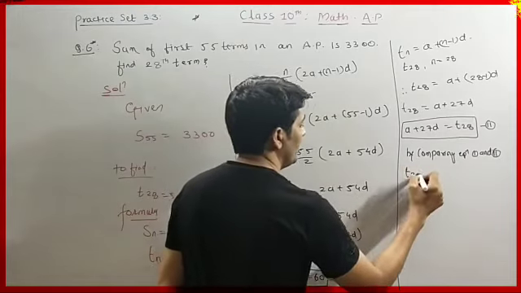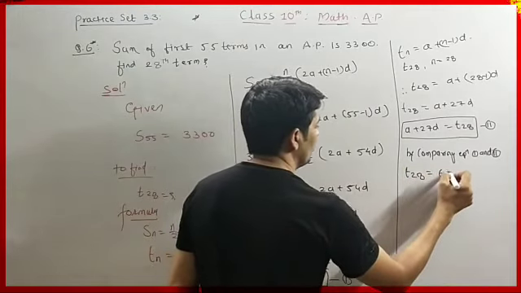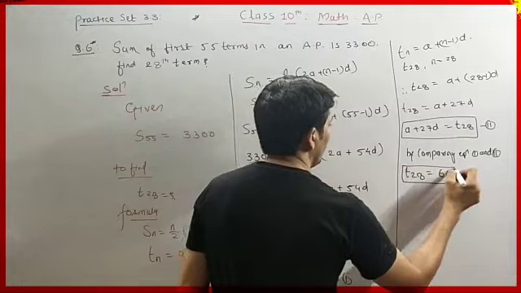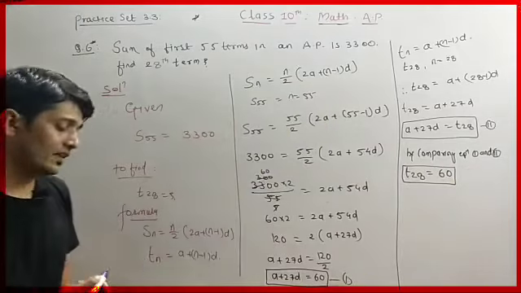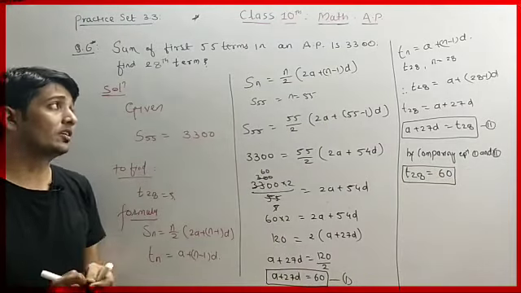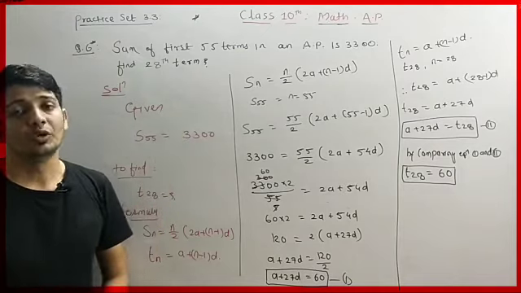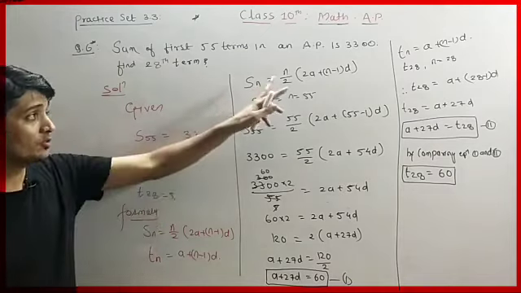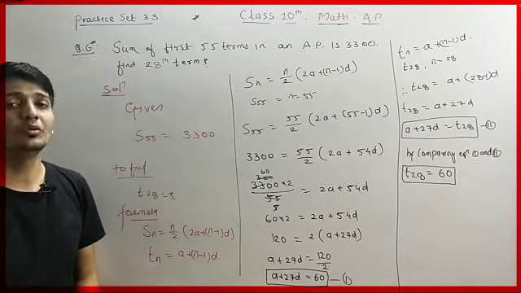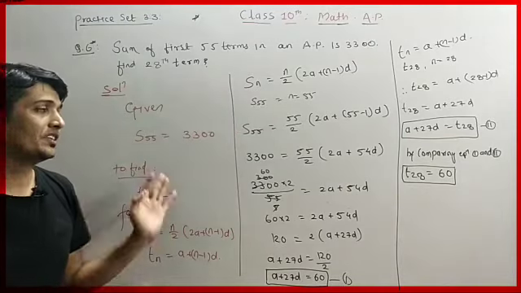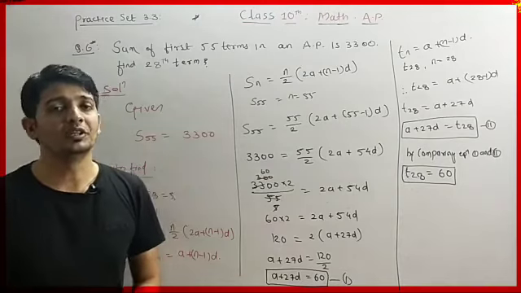It is T28 equals 60. Okay, so we can say that the 28th term of the given arithmetic progression will be 60, whose sum of first 55 terms is 3300. Okay, so this is the way we have to solve this problem.